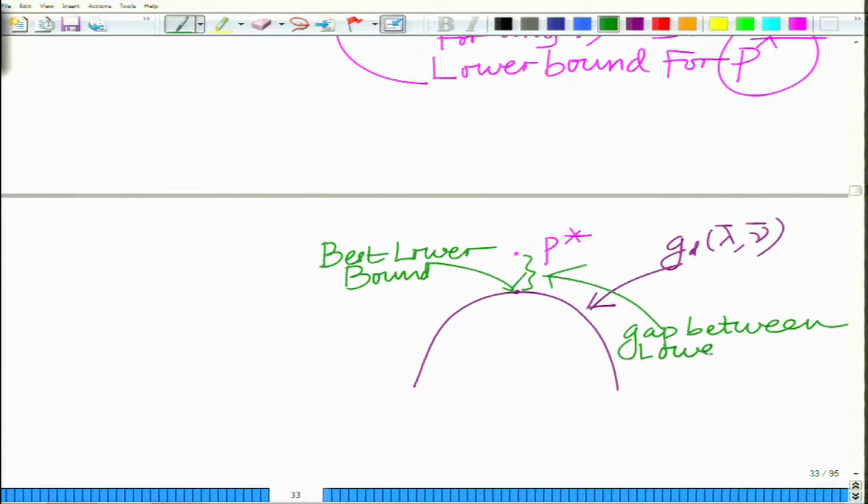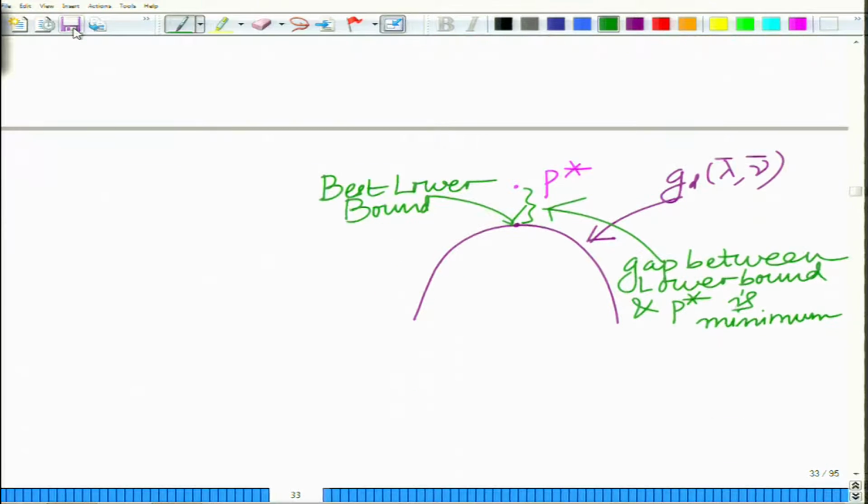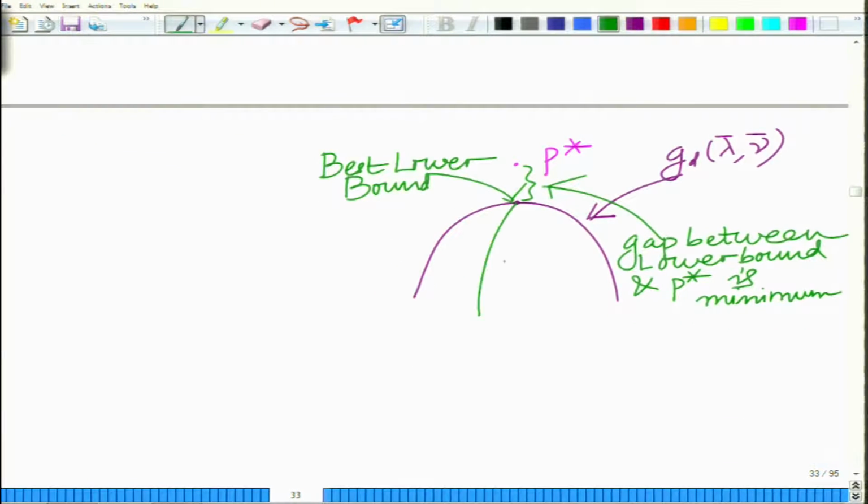So, the gap between the lower bound and P star is minimum, and that is given as the maximum value of the Lagrange dual function g, subject to the constraint that lambda bar is component-wise greater than or equal to 0.